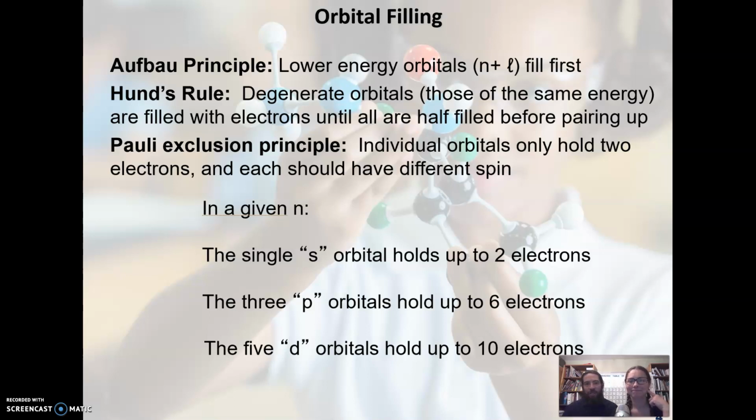Each orbital can hold 2 electrons, and electrons are negatively charged, so you would think they would repel each other within that orbital, but because of this spin, they are allowed to exist in the same space. And we want to remember that we have 1 s orbital, 3 p orbitals, and 5 d orbitals, and that's going to keep coming back. That's your l value.